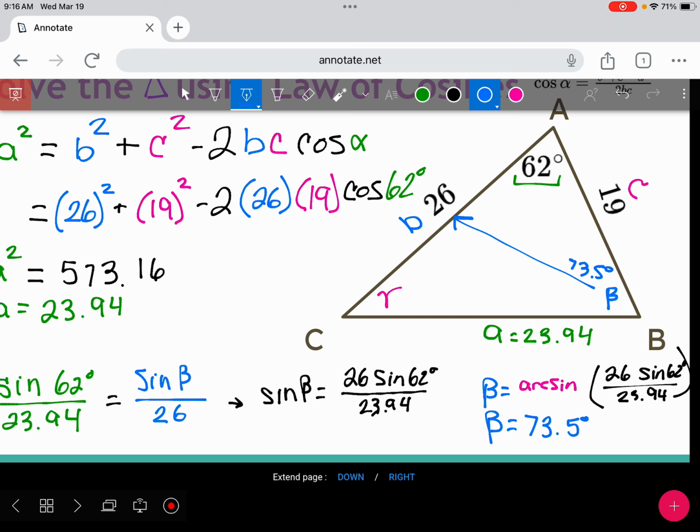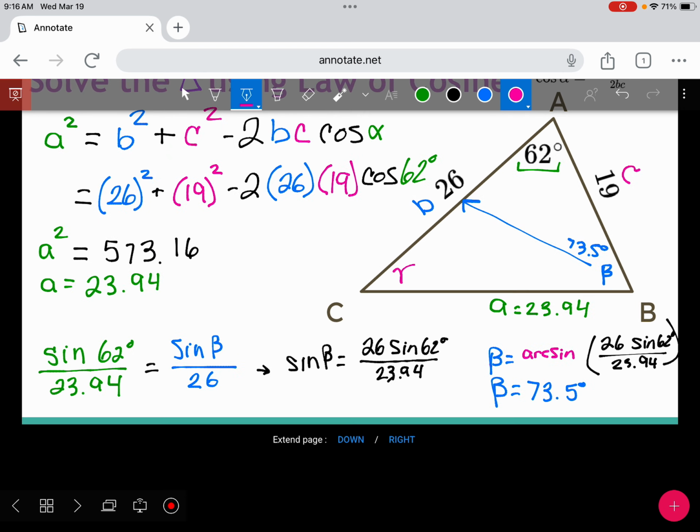How do we figure out gamma? We can add the angles to my beta, or we can use law of sines, or law of cosines. Or we can go, wait, all angles in a triangle add up to 180, and that's way easier.